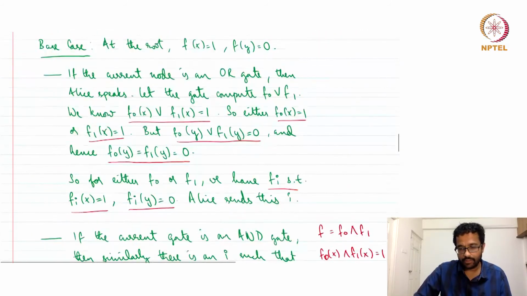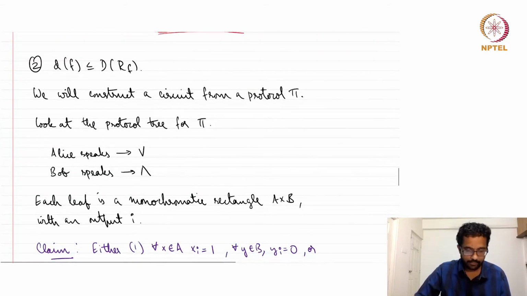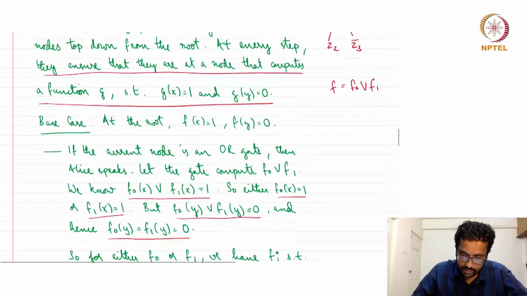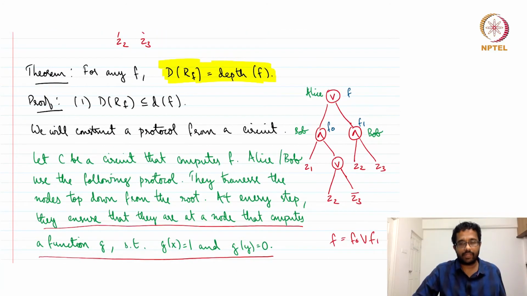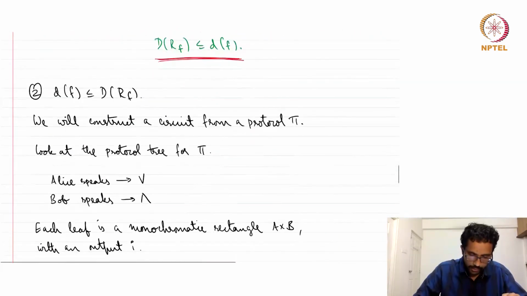So suppose we are given a protocol, we will view it as a tree. In the first part, OR gates were designated as places for Alice to speak, and AND gates were designated as places where Bob has to speak. We will do exactly the opposite here.